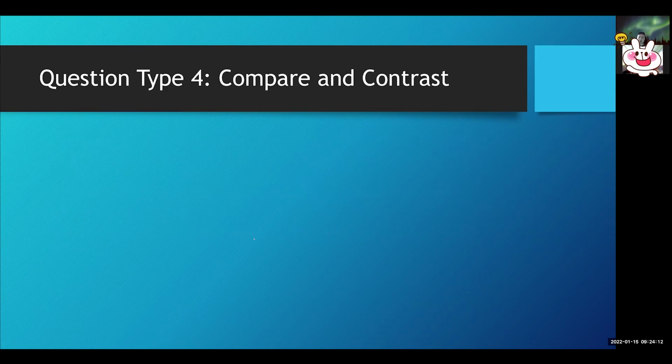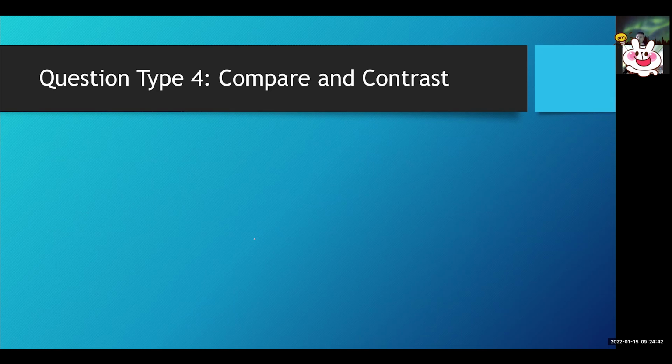Question type 4 is about compare and contrast. How do we approach this type of question? This is a very important skill, to be able to compare 2 things and identify the difference. The good news is this difference is usually already stated in the comprehension passage. You just need to go and find it.